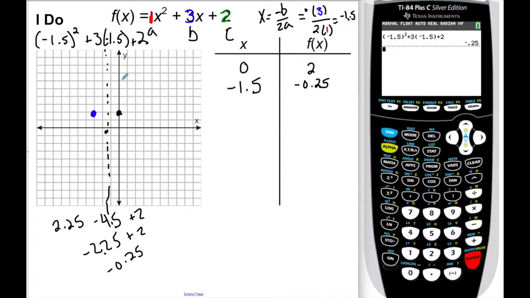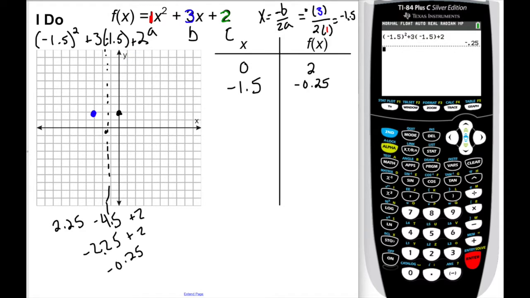It's perfectly symmetrical about a line that passes through the vertex, called the axis of symmetry. I talked about that a little bit earlier on.